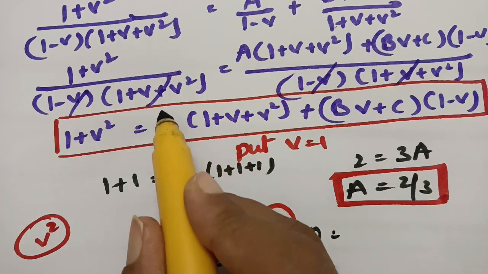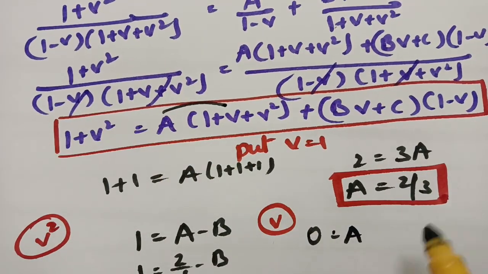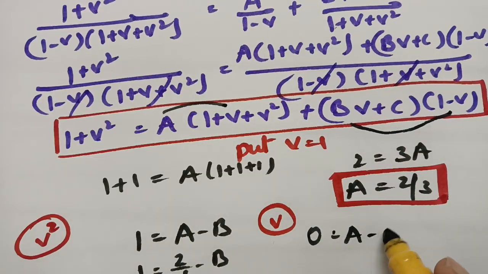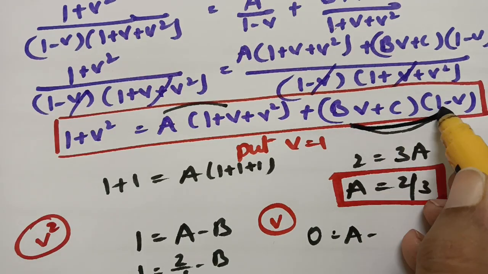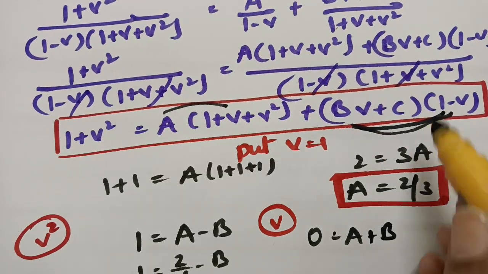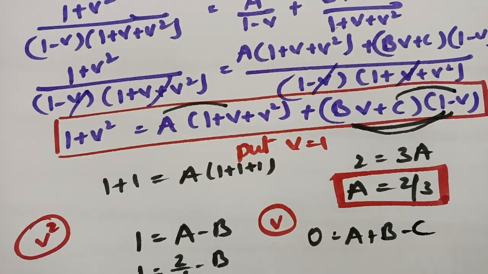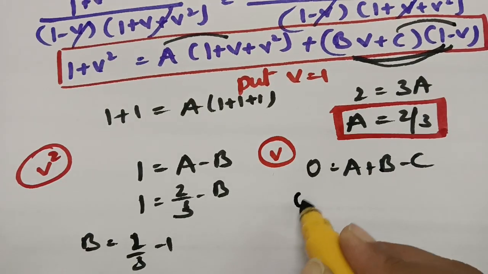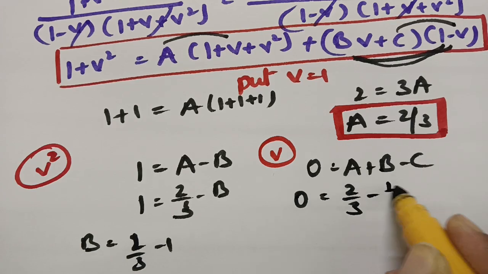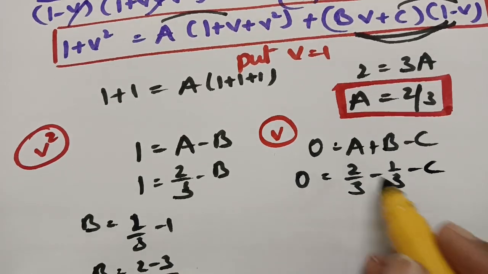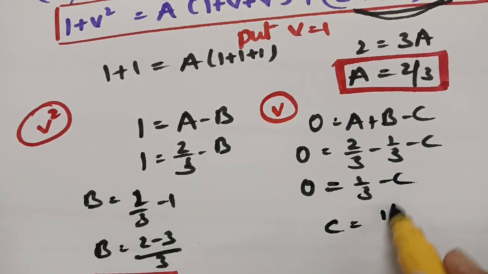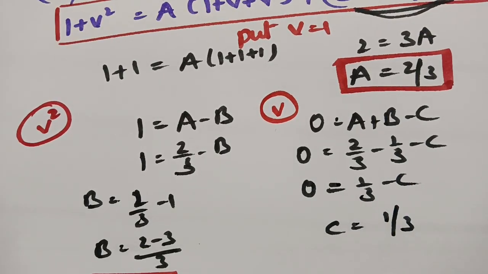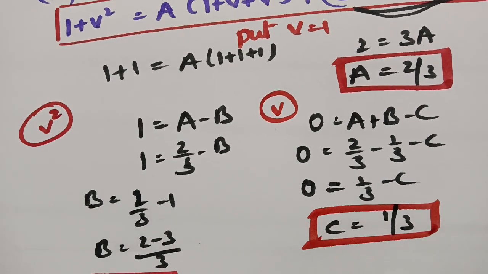On the right, this will be v, and this will be minus B v square, so if you multiply, this is plus B, and the other will be minus C. Therefore A is 2 by 3, B is minus 1 by 3, so 0 is equal to 1 by 3 minus C, and C is equal to 1 by 3. So I got the three values: A as 2 by 3, B as minus 1 by 3 and C as 1 by 3.